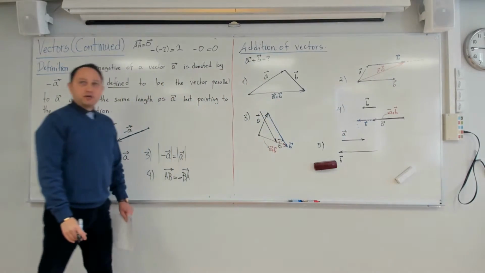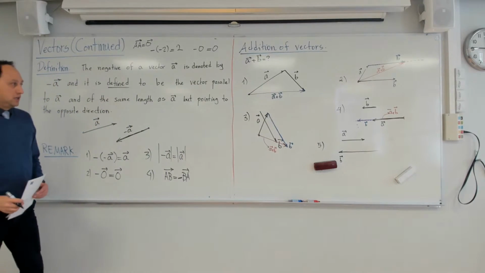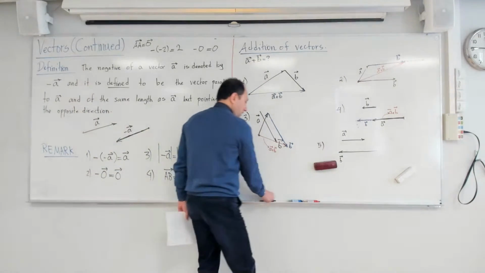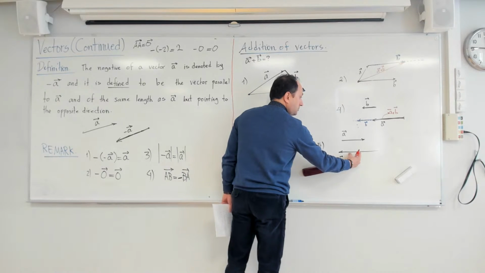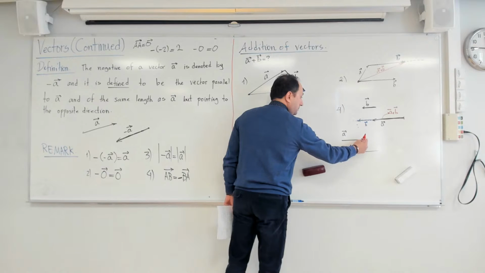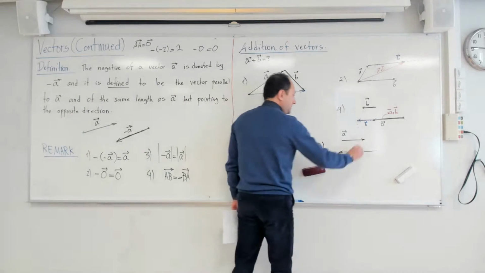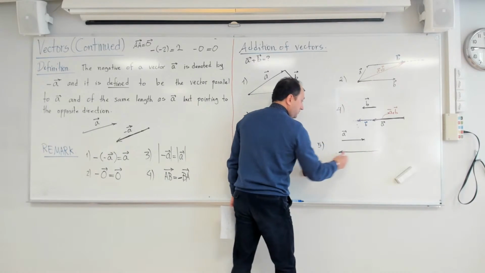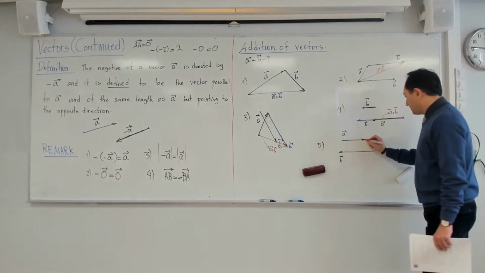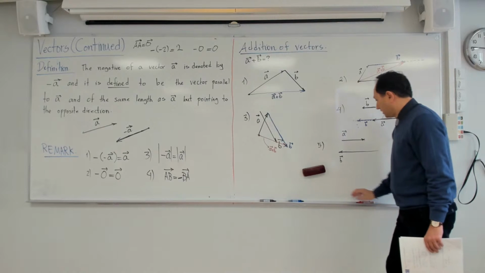So what should I do if I want to add A to B? I need to do the same thing. I need to take this A, parallel transport, and draw it from the tip of this arrow. So it means that I have to start from here, okay, and draw this vector here. So it becomes this vector. You see, let me change my color.